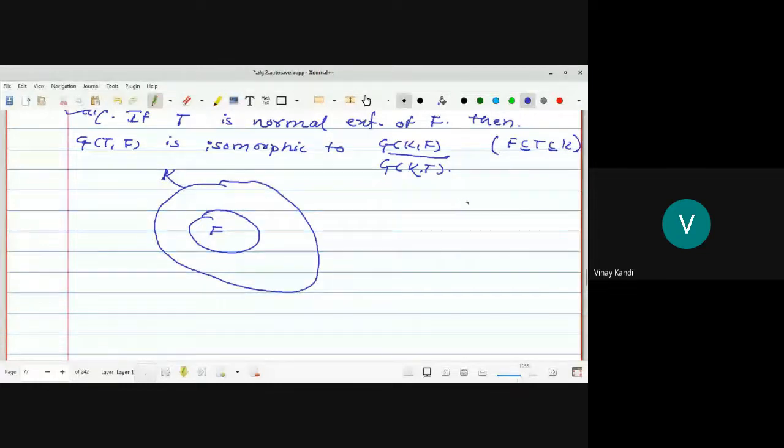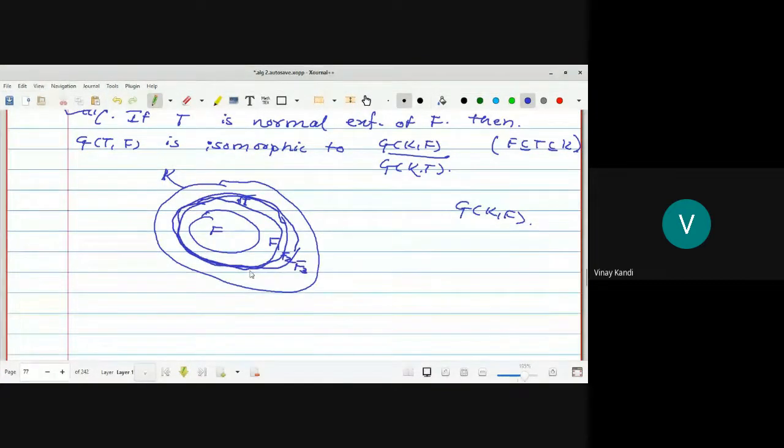GKF is the set of those automorphisms of K which fix every element of F. Now we have to show a one-to-one correspondence between the set of subfields of K. Take subfields of K. Suppose this is F1, which contains F. This is F2, this is F3.